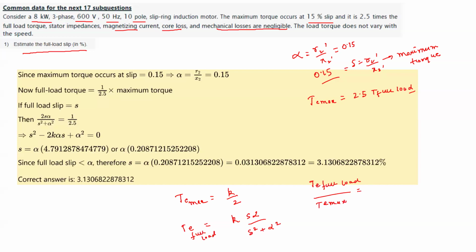The numerator is k into s alpha divided by s square plus alpha square, and the denominator is k by 2. The 2 goes up, because k by 2 in the denominator means 1 by x goes up. Here k gets cancelled because they are the same.